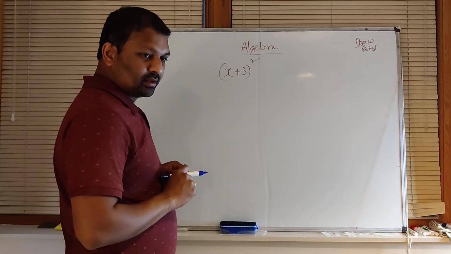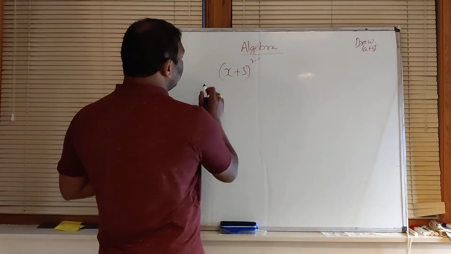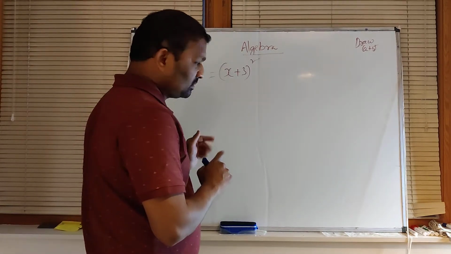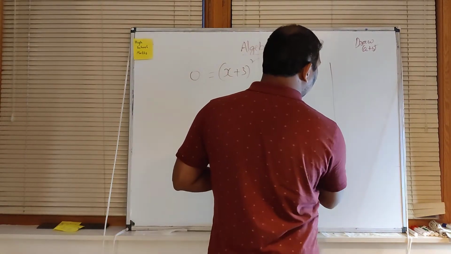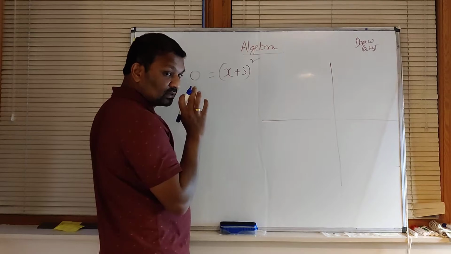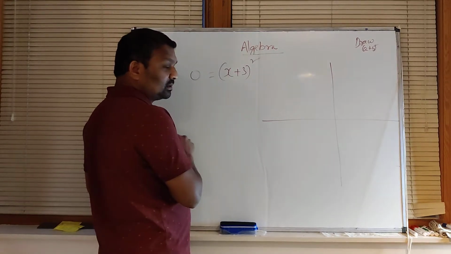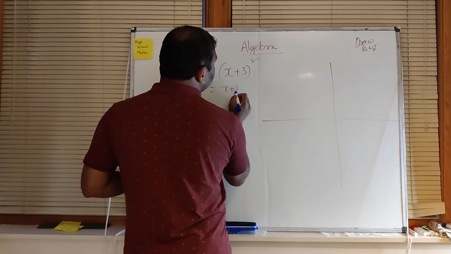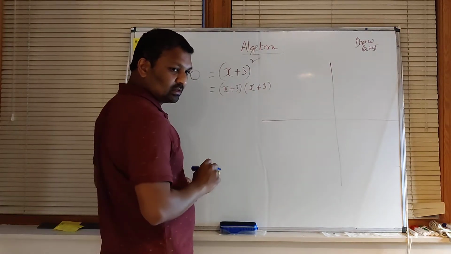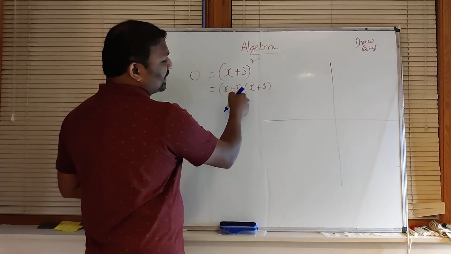If I equate this to 0, remember I am equating this to 0, what do I get? It becomes the quadratic equation, and these are the two factors, right? x plus 3 and x plus 3.